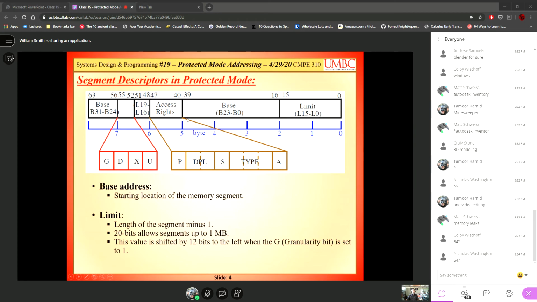So they got yet one more byte they're going to put on when we're dealing with the base, and that gives you this big addressing space area. And then you're going to put special things in here to help you zero things in and create your protected mode addressing space. We're going to look at these different fields in the next slide.